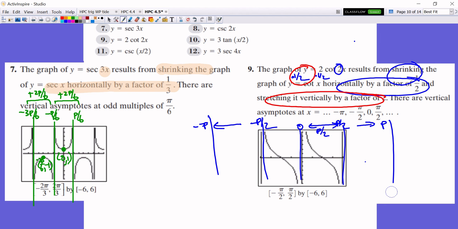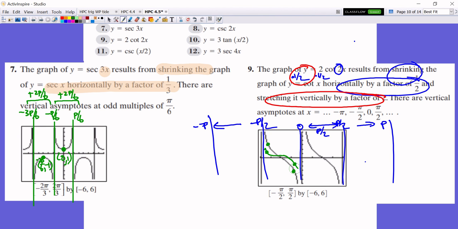Stretch it vertically by a factor of 2. That's super easy to represent. So basically, the graph might have looked something like this before. And you're basically pinching these ends and stretching it vertically so that it goes here.